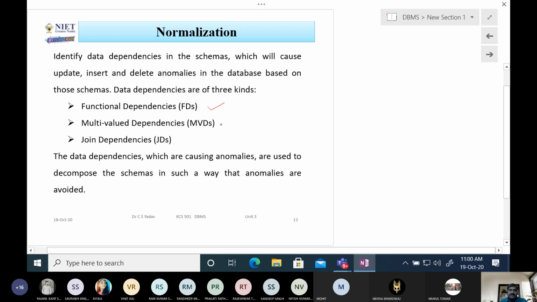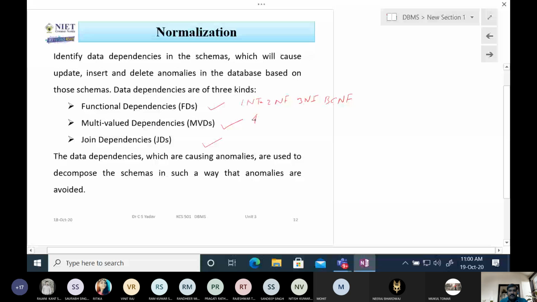Second one is multi-value dependencies, and third one is join dependencies. The first normal form, second normal form, third normal form, and BCNF are based on functional dependencies.